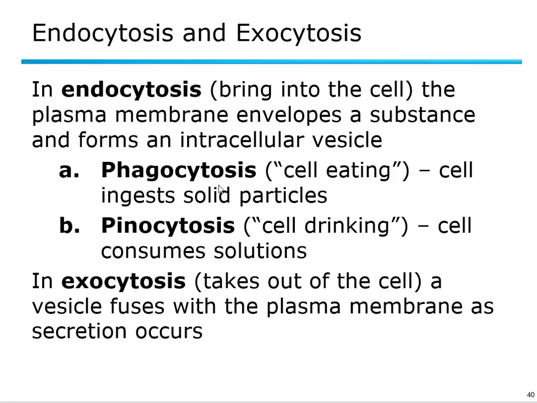It is called phagocytosis. Instead of that, when the cell is taking in something liquid, a droplet of liquid, it's pinocytosis. Imagine the cell is drinking something. On the other hand, when we have exocytosis, we're taking something out of the cell, and it's a vesicle fusing with the plasma membrane and secreting something outside of the cell.